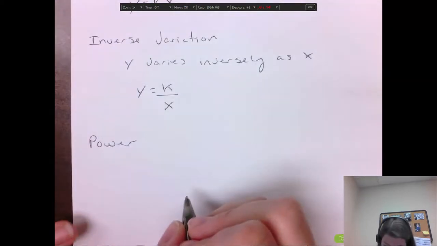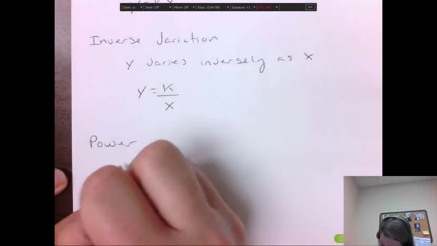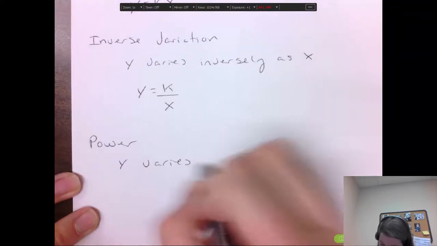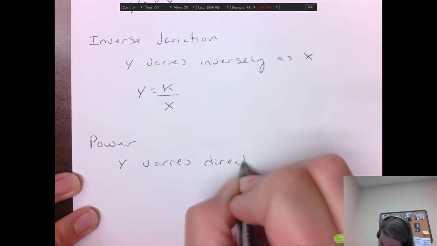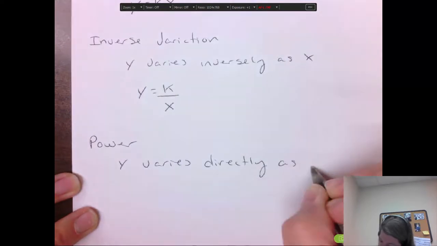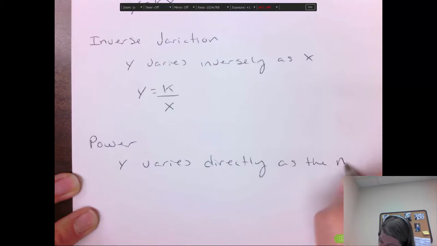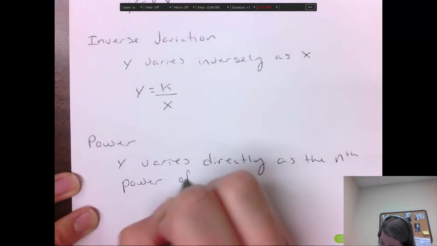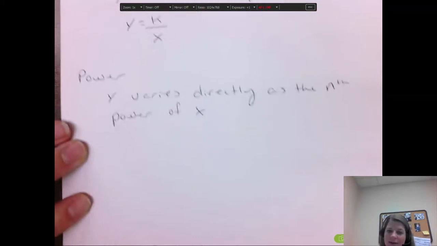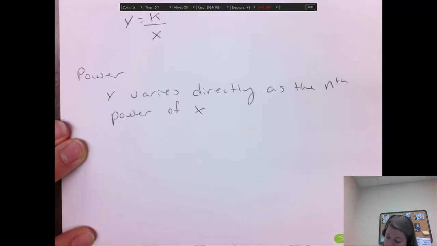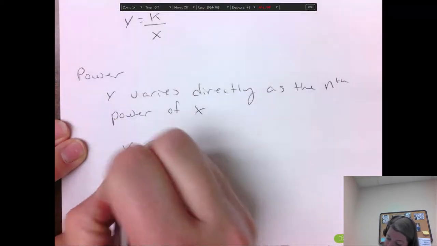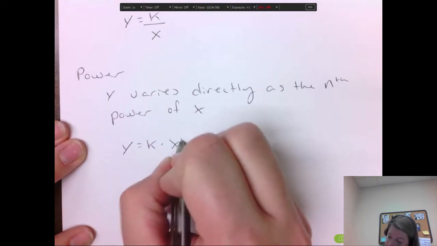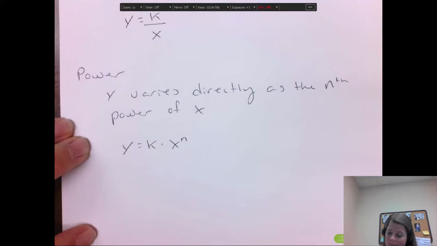So like y varies directly, and it could be inversely, as the nth power of x. So y varies directly as the nth power of x. So we start with y, and it varies directly, so you have k times some x, and it's to the nth power. And that's it.